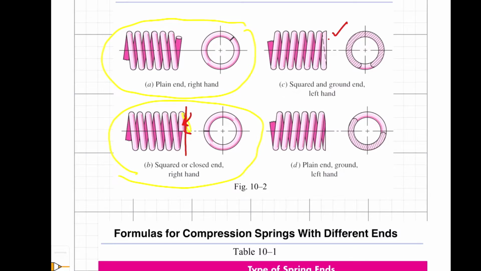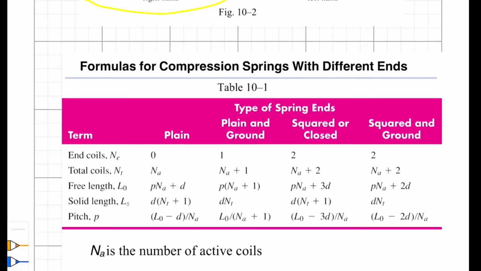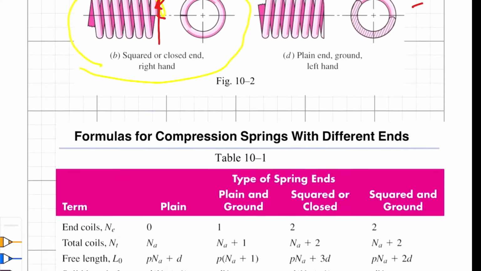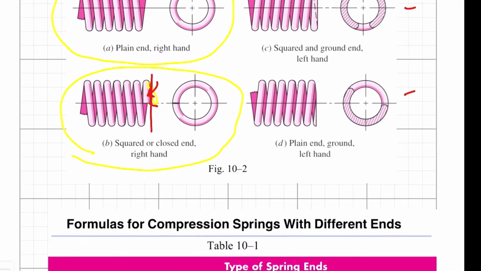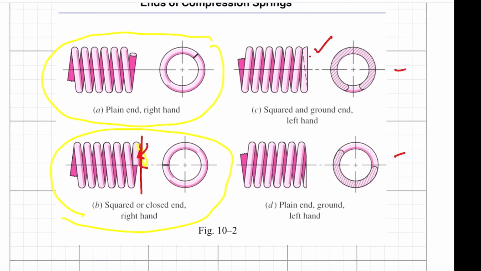And so the number of active coils is going to be different depending upon how you make your springs. Table 10.1 out of the Shigley book allows you to calculate the number of active coils for each of these 4 representative helical compression coil springs shown in figure 10.2.